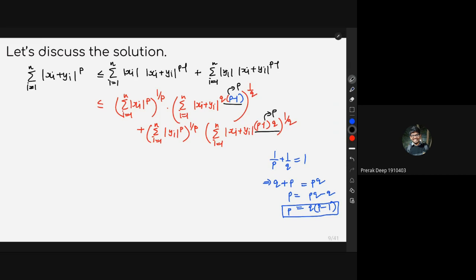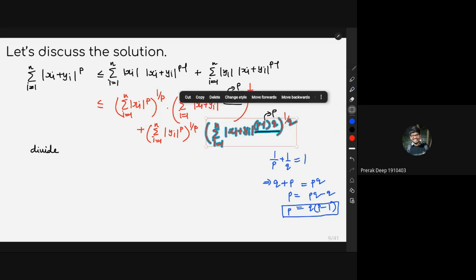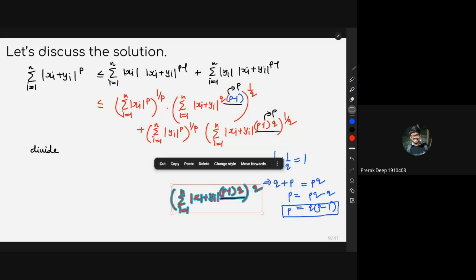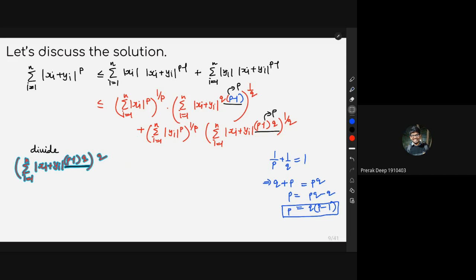Now the idea is to divide this part on both sides.